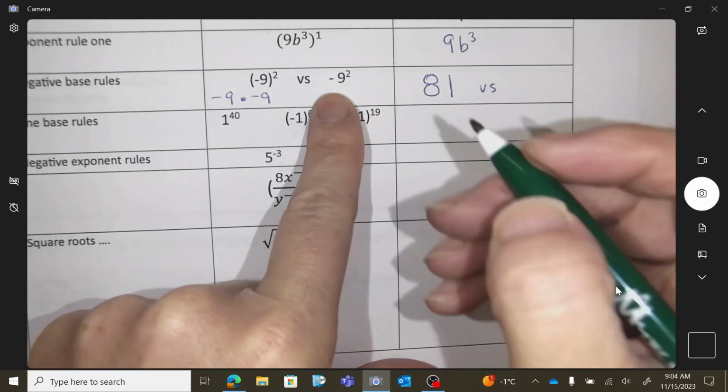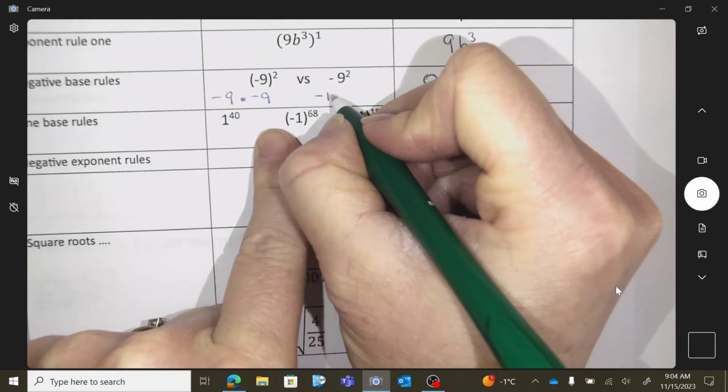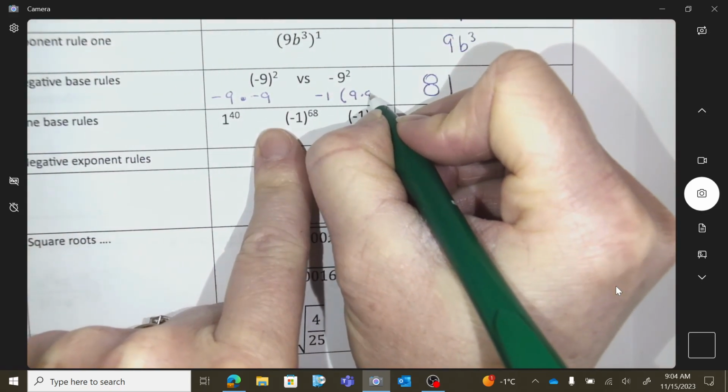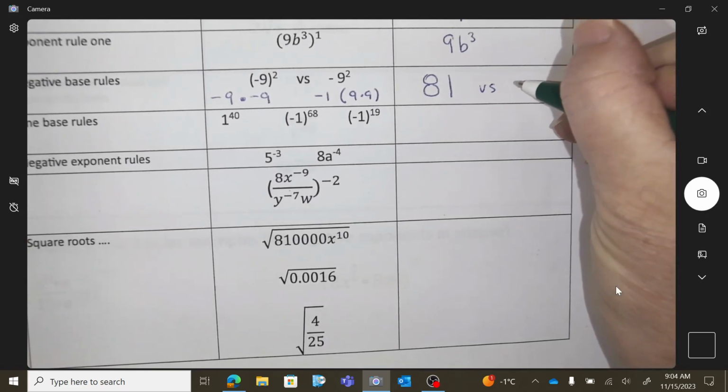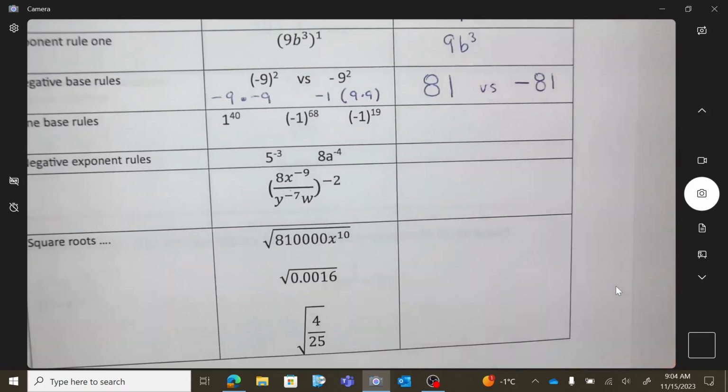Versus this question, what is negative 1 times 9 squared? Do you see a difference in the math? That's what's happening. So that answer is actually a negative 81. Okay? Somewhere I'm going to try to put those two on there that you're comparing.